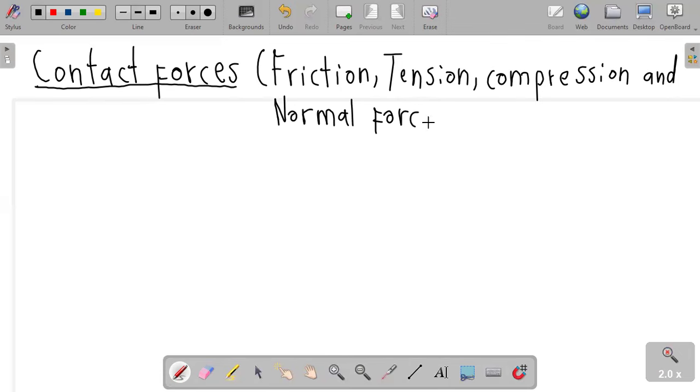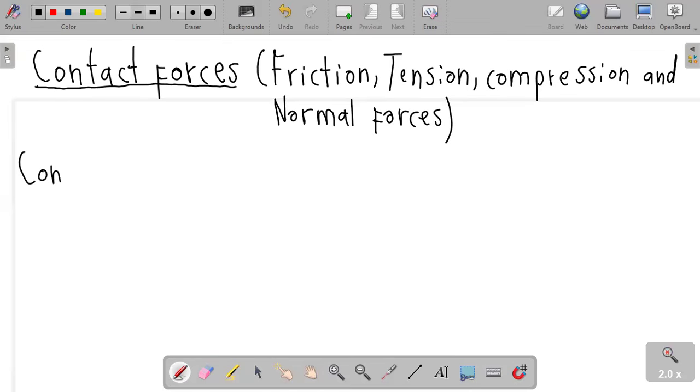So I'm going to use these 4 types to explain contact forces in our lesson here. Let's just revise the definition now.